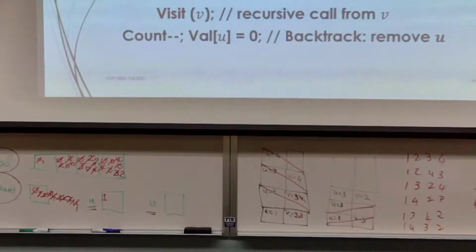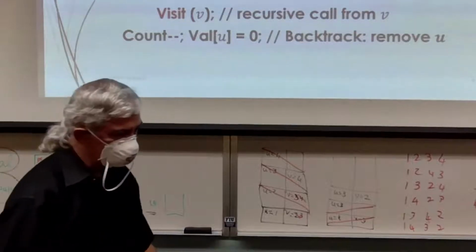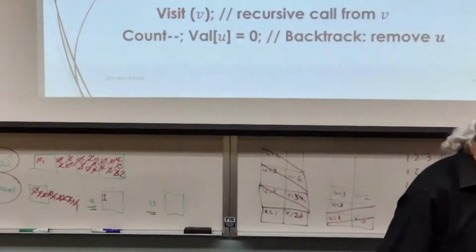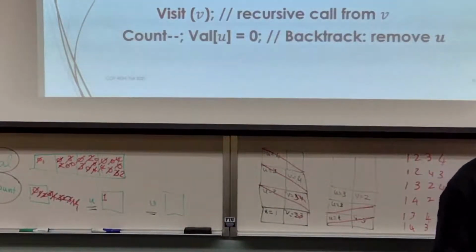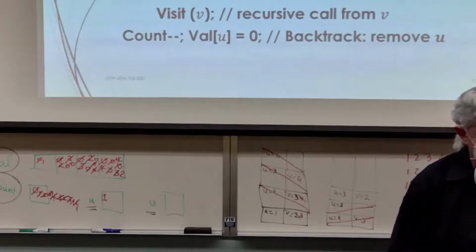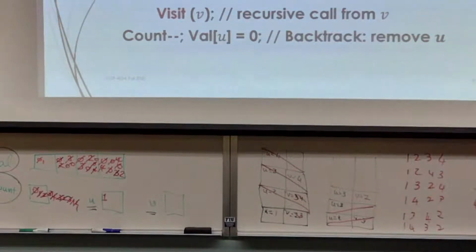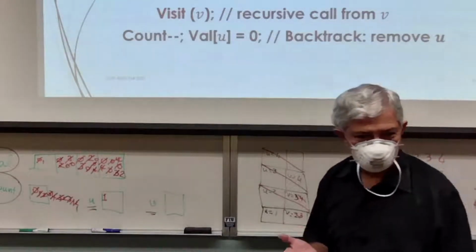It's a little confusing, that's why I wanted to go through this code. But it's useful because you can use this as a template for so many different problems. And I definitely recommend that you write up this small code and play with it.